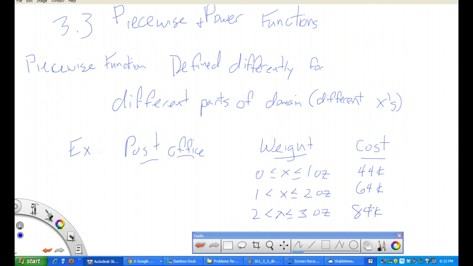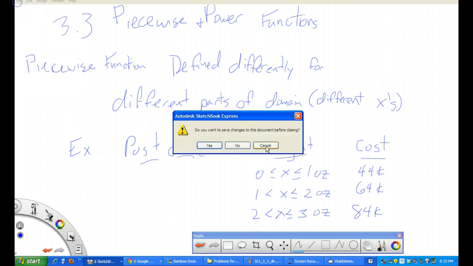So it's like they're tacking on 20 cents for each additional ounce. Now the thing that's different about this than just saying that it's 0.44 plus 0.2x, like that type of a line, is, well, that's not true here. If you think that that's what we're doing, we're starting at 44 cents and then we're adding on 20 cents for every additional ounce, that's not technically true.